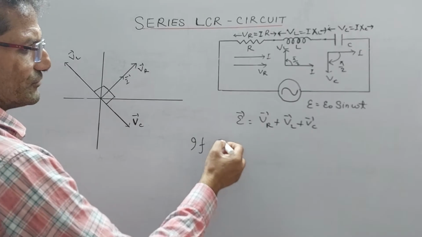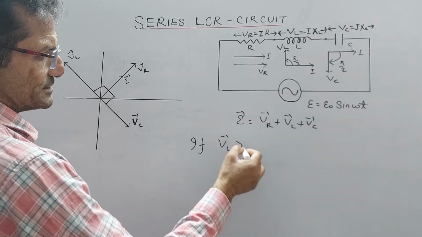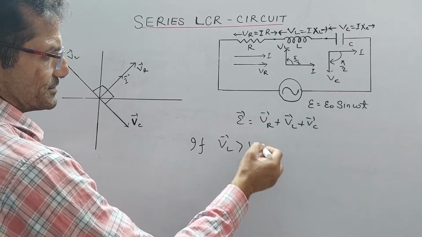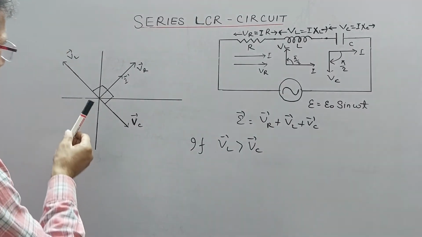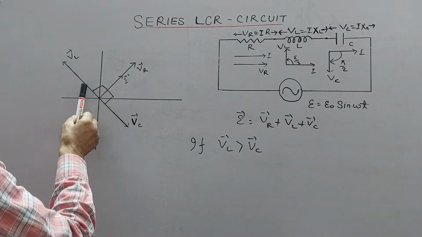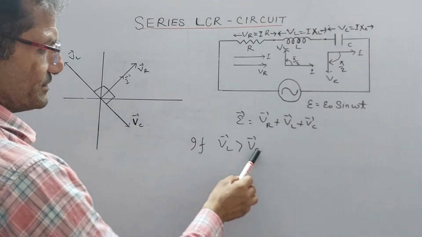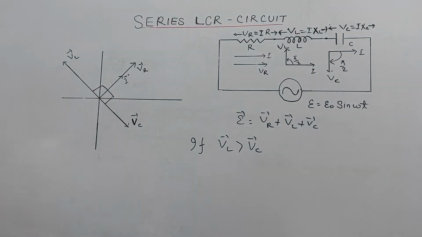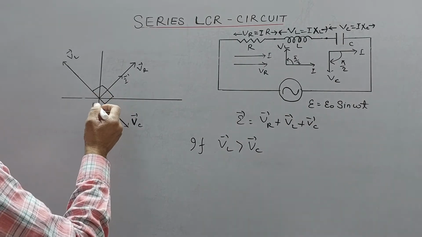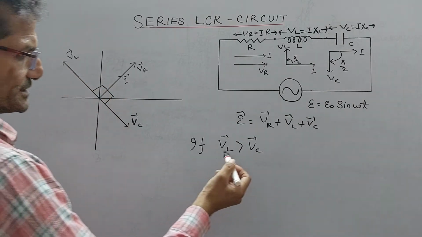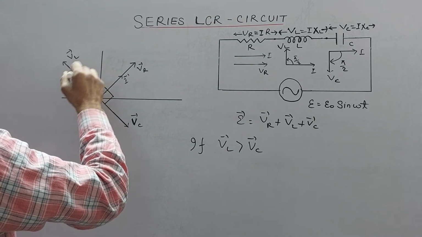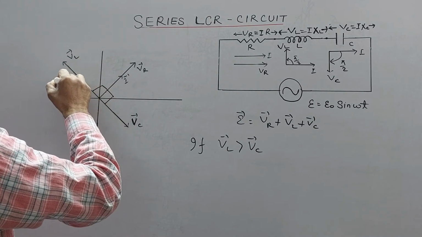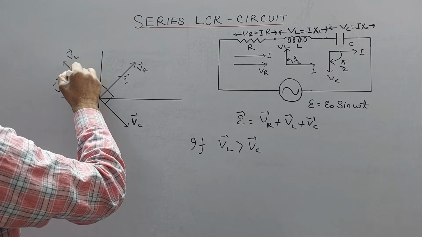If VL, the voltage across the inductor, is greater than the voltage across the capacitor, then for the vector addition, we know that the angle between VL and VC is 180 degrees. Therefore, the resultant of VL and VC would be VL minus VC in the direction of VL. Suppose the resultant of VL and VC would be along this one. Now this is the resultant of VL minus VC. This is vector VL minus vector VC.